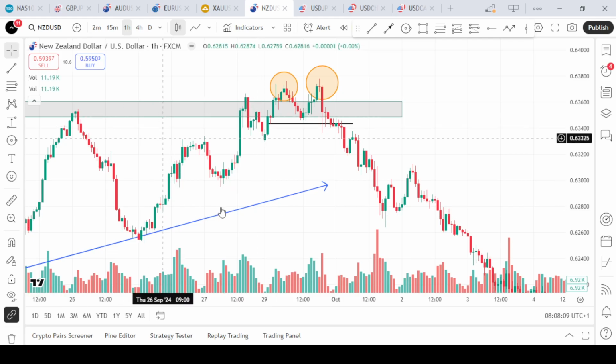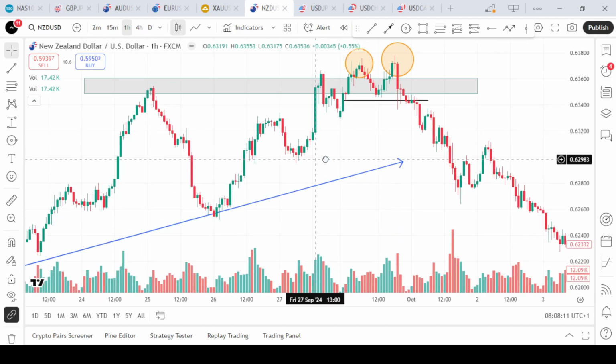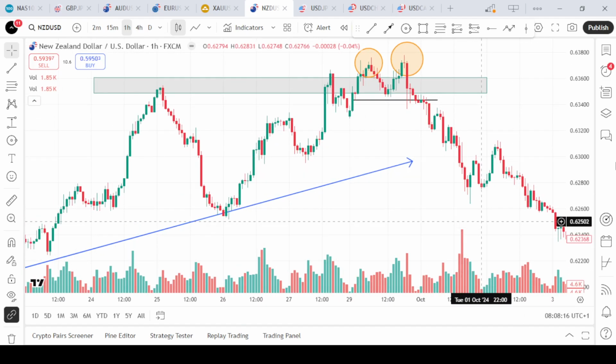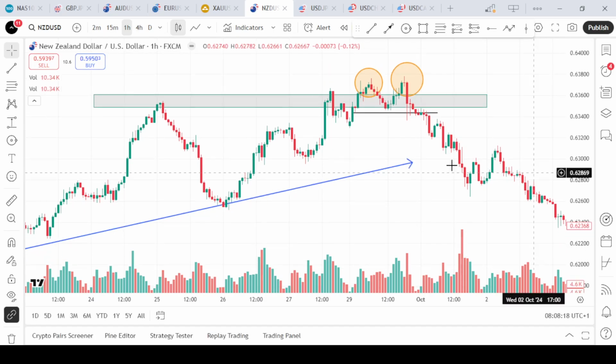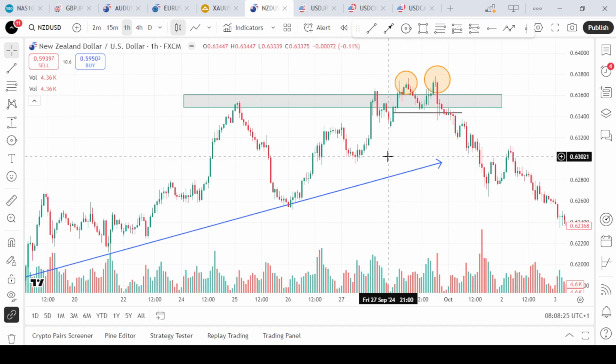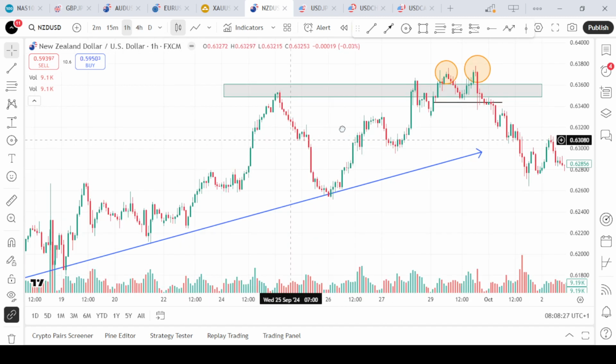Now, ignoring the overall market trend is another crucial error, because trading an individual chart pattern without considering the market context can lead to trades going against the prevailing trend. Let's see an example.